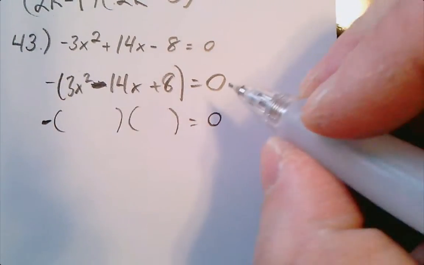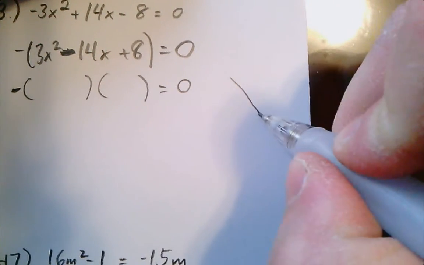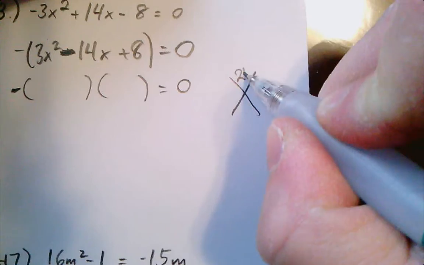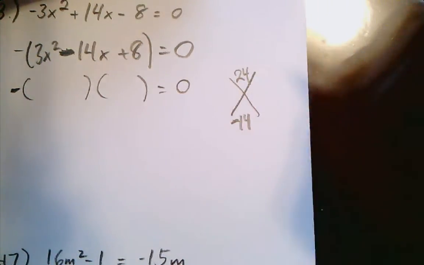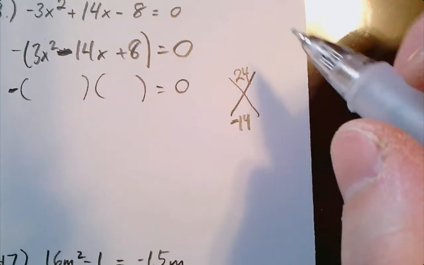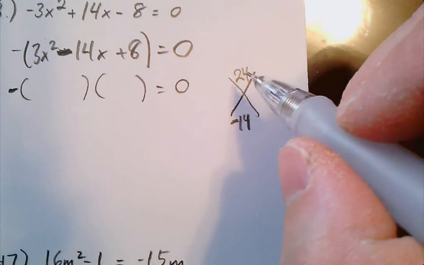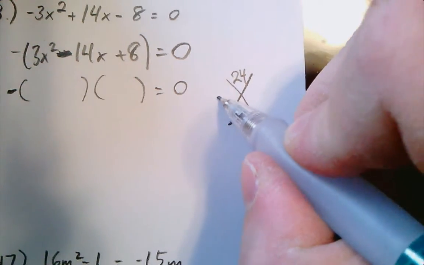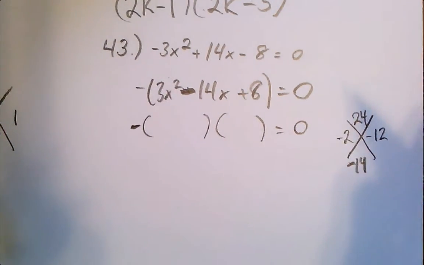All right. So AC method, we get 24 here. And then we wanted to add up to negative 14. Let's think about that for a second. 24, I'm thinking negative 2 and negative 12. That'll work. So let's throw that into here.